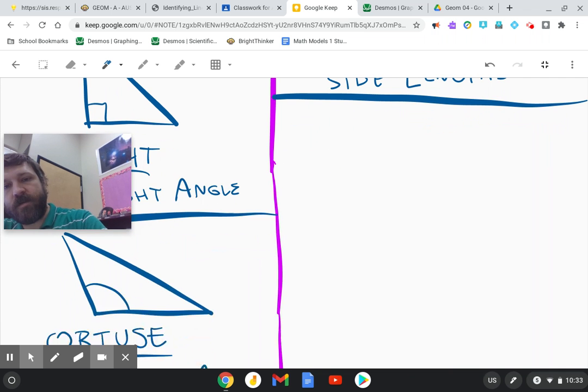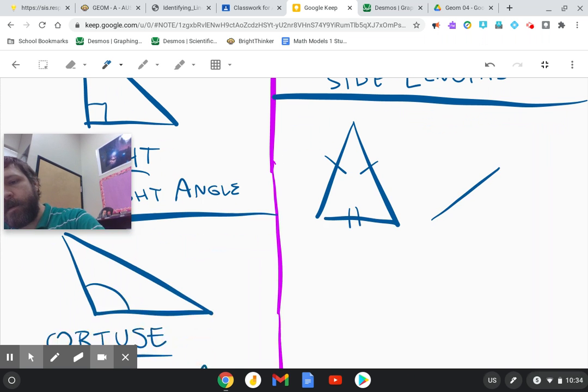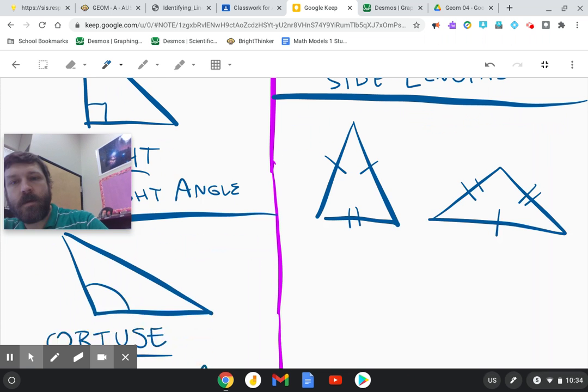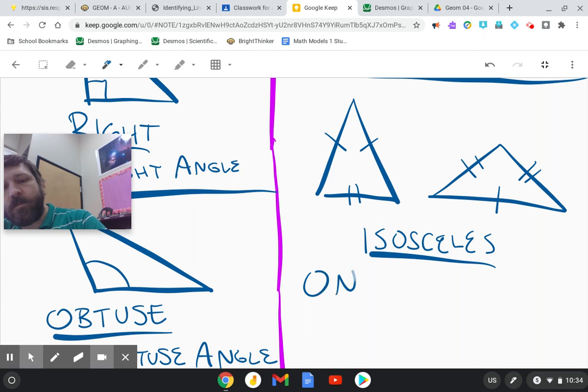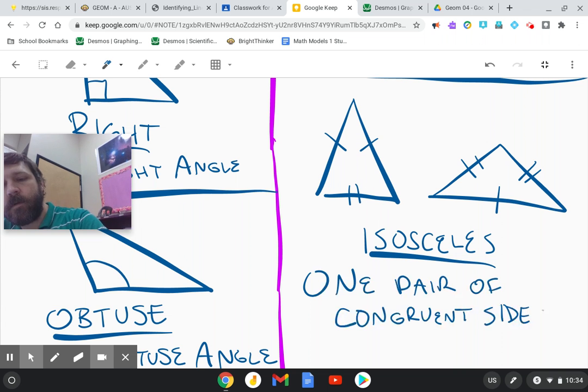Then we have triangles. I'll actually draw two examples of this. These are what we call isosceles. One pair of congruent sides.